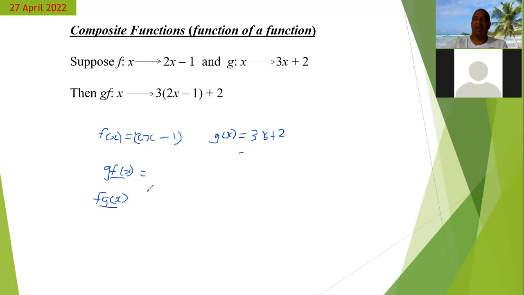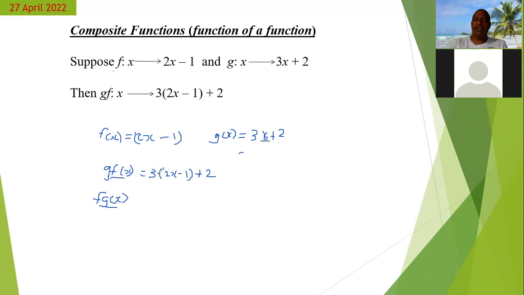So g f of x is equal to 3 times the bracket 2x minus 1, and then we add back the 2. This gives you the composite function g of f.